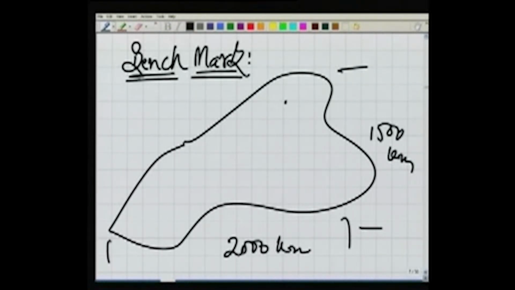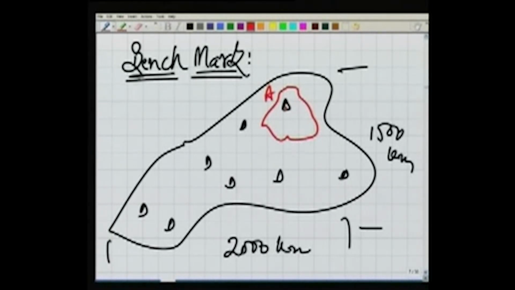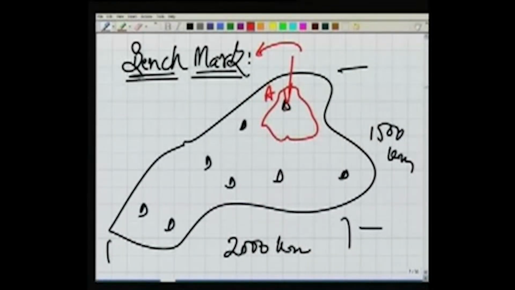The heights of some points have been established very accurately, so that I can use these points later for my local survey. Let's say this point is A, whose height from the mean sea level has been established by some method. Those points for which we know the elevations from the mean sea level accurately, we call benchmarks.